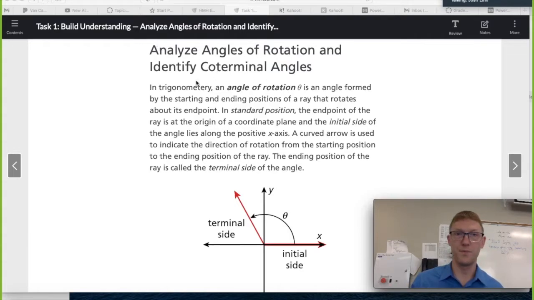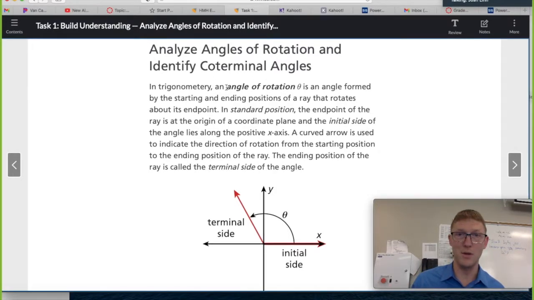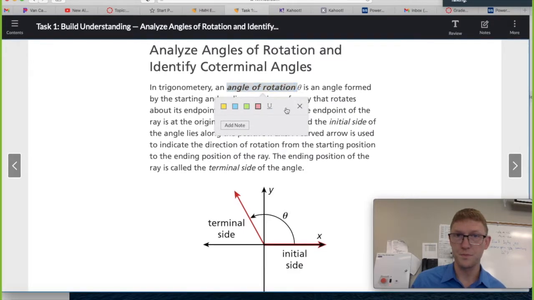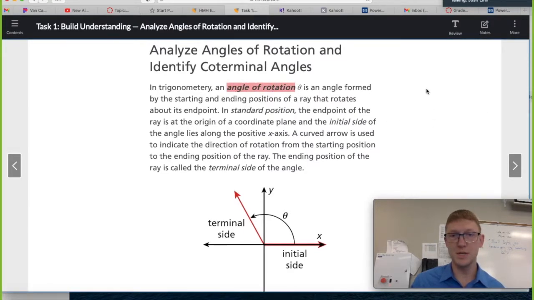Now, obviously, we're going to be talking about angles of rotation. You'll see that we typically use theta. That's the Greek letter theta. Anytime we use a variable, just like how we use x for numbers, theta typically stands for an angle.